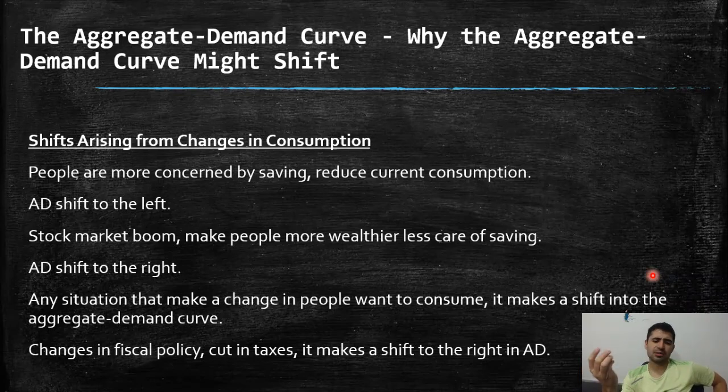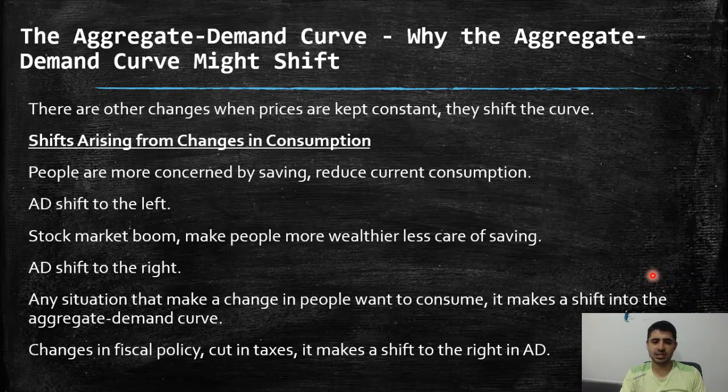For example, changes in fiscal policy that provide incentives to consume more shift AD to the right. A cut in taxes gives you more money available, so you spend more.